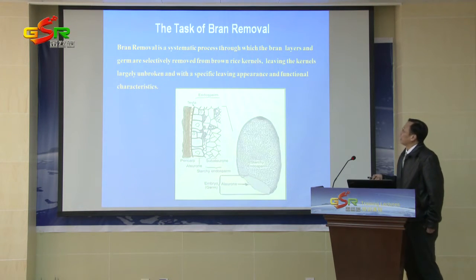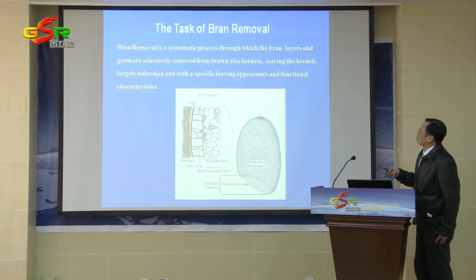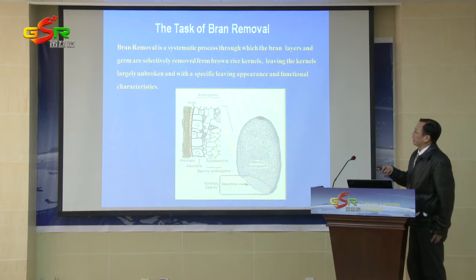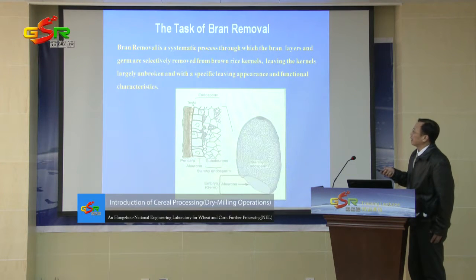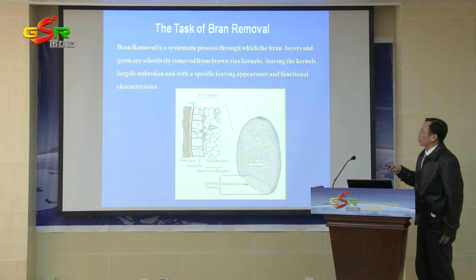The task of bran removal is a systematic process through which the bran layer and the germ are selectively removed from the brown rice kernels, leaving the kernel largely unbroken and with a specific appearance and functional characteristics.